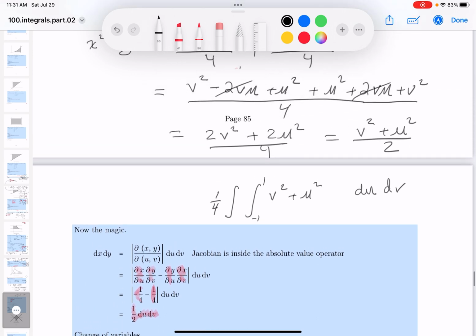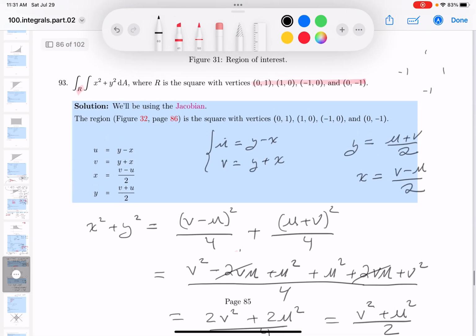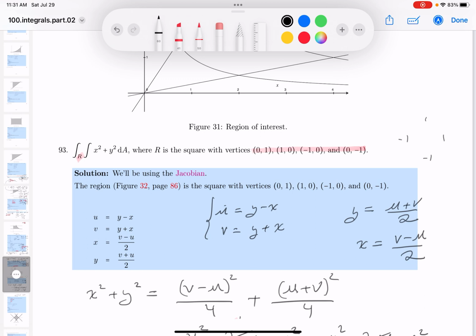Yeah, I got that. Now the v. y plus x. Minus 1 to 1.